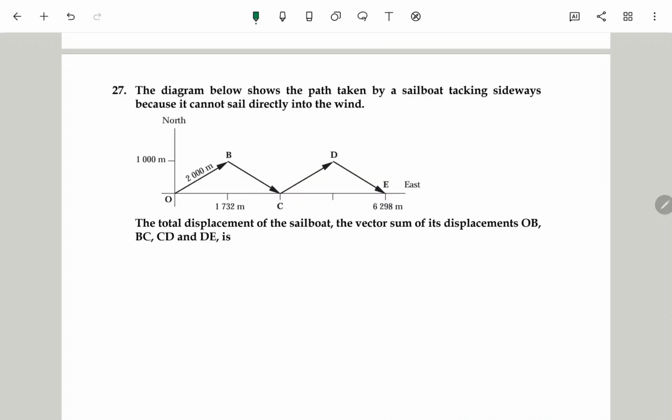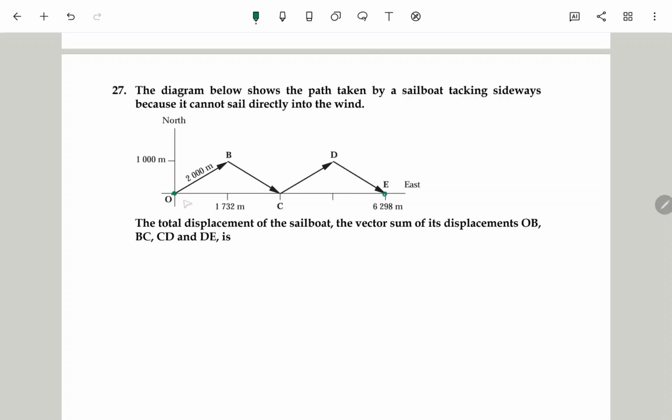Now same question here. The diagram below shows the path taken by a sailboat sailing sideways because it cannot sail directly into the wind. But this one asks for the total displacement of the sailboat, the vector sum of its displacements OB, BC, CD, and DE. In this case, remember, the displacement is actually, we are interested in the beginning and the end point.